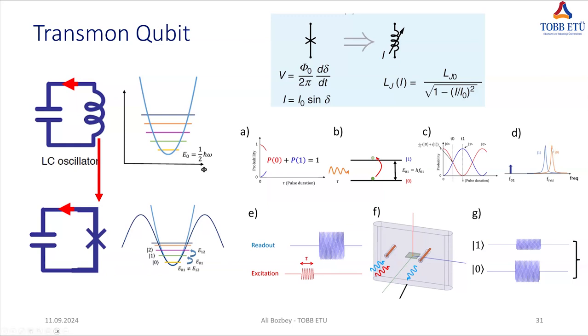So if you are in a 0 state, you measure 7 point something gigahertz, for example, and if you are in the 1 state, you measure 8 something gigahertz. So if you can measure the state frequency of the qubit, then you can measure the state. Or if you can change the resonance frequency of this LC circuit, then you can control the qubit. So readout and excitations are made by RF pulses with some specific amplitude, duration, and frequency.